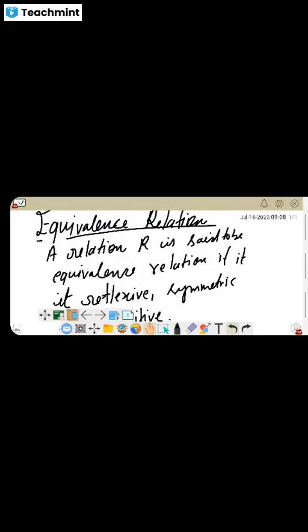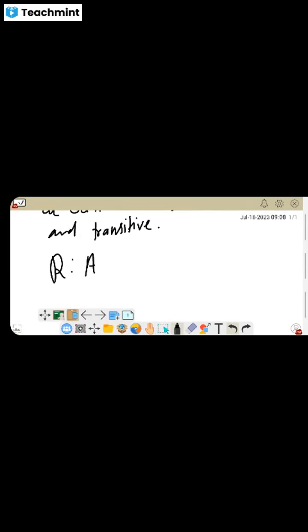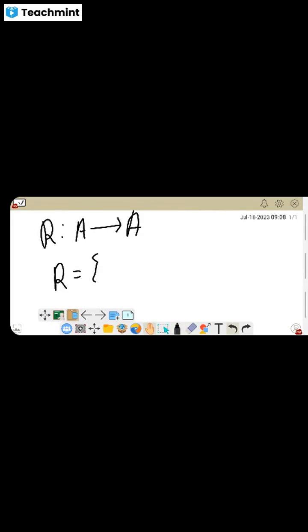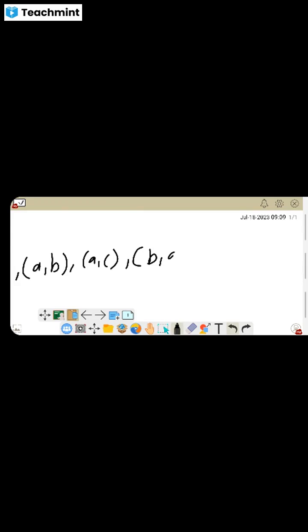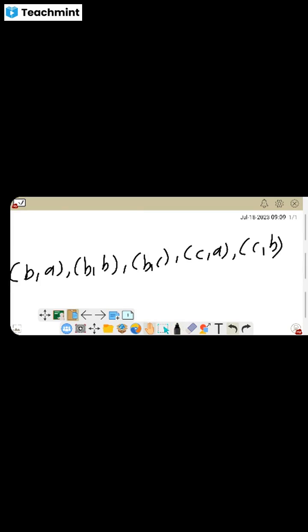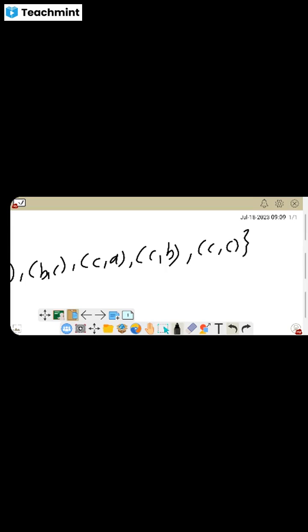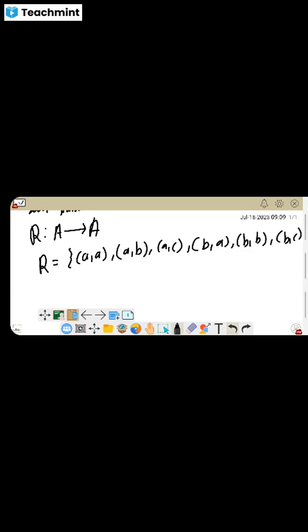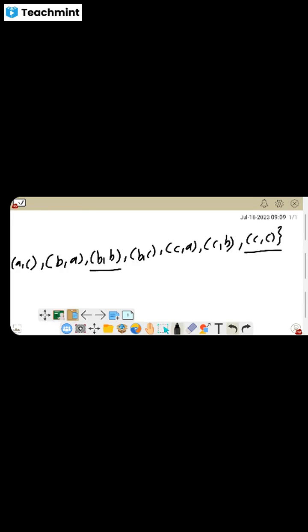Like R from A to A, a subset of A cross A, like A comma A, A comma B, A comma C, and next B comma A, B comma B, B comma C, C comma A, C comma B, and C comma C. In this A cross A, we have reflexive, having these elements, right?